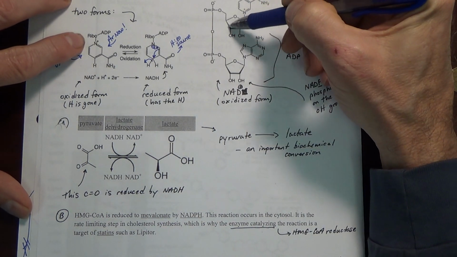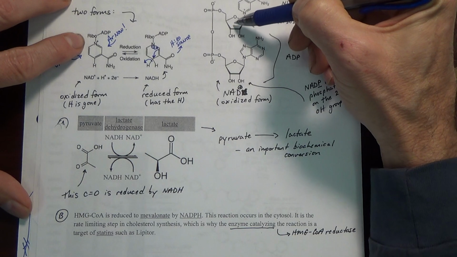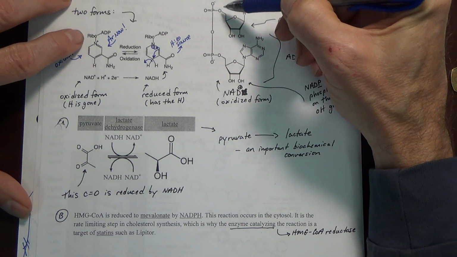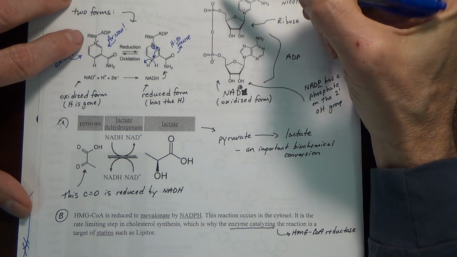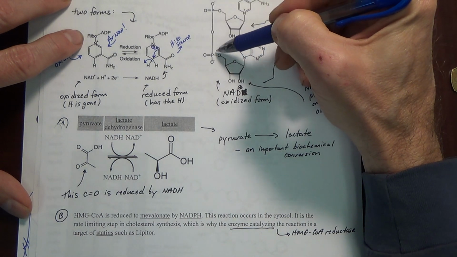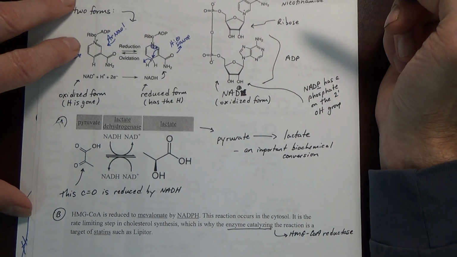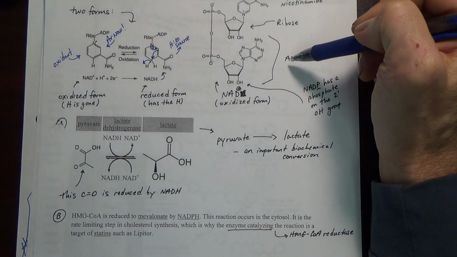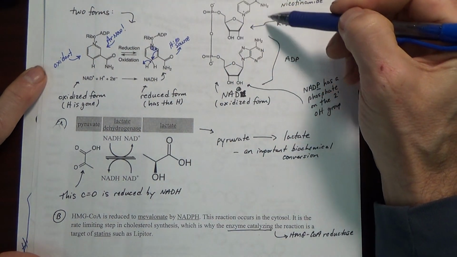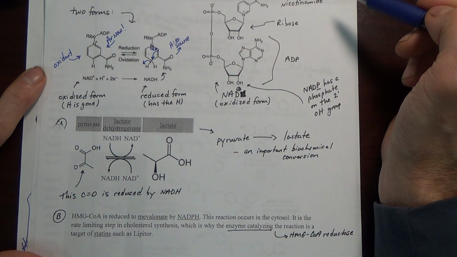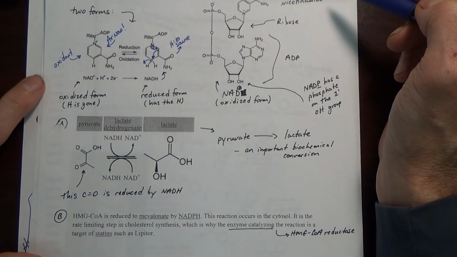And the ribose, this is a ribose 5-membered ring. And then it's linked through here, phosphate linkages, okay, to ADP. It's a fairly large molecule. You'll learn these types of things in biochemistry.